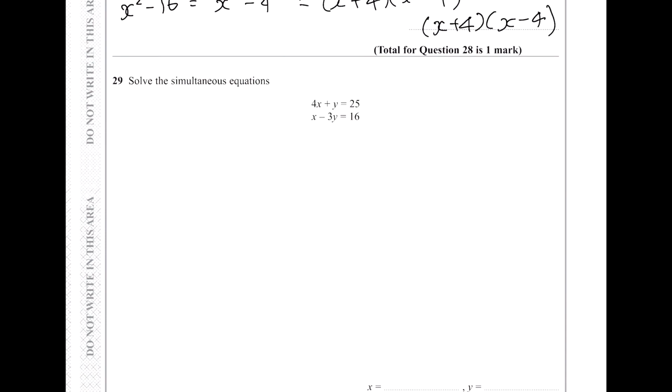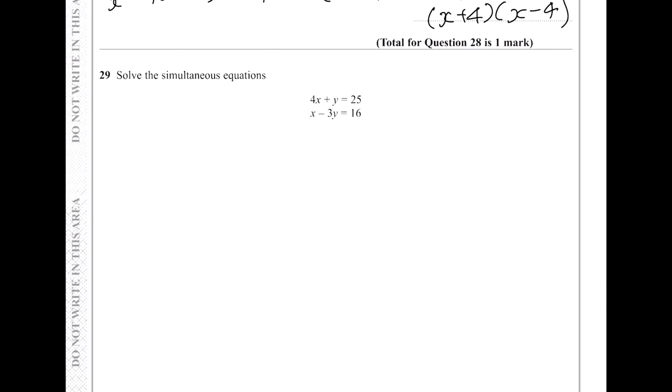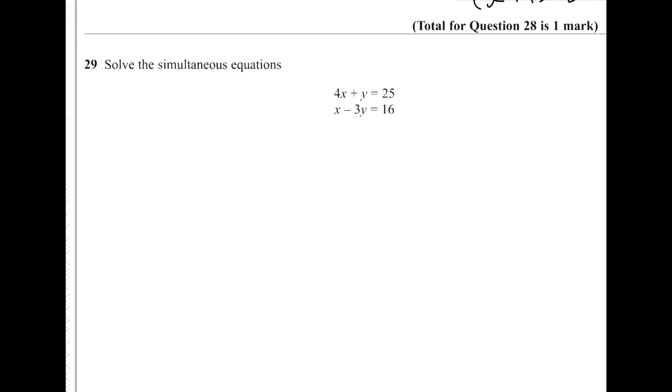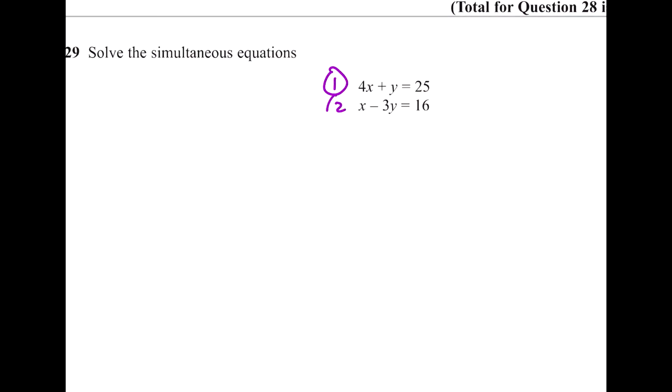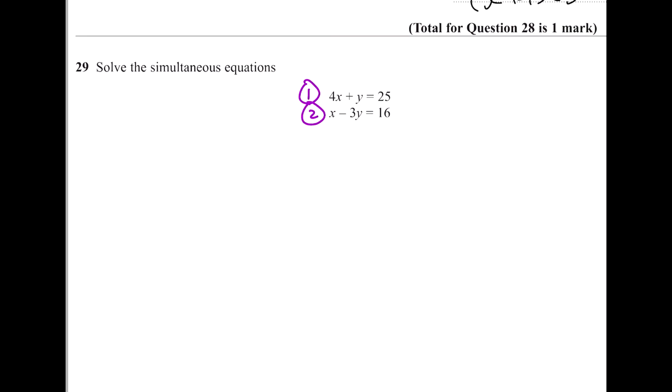And our final question says solve the simultaneous equations. So we can make either the x's or the y's the same. I'll call this one 1, and this one 2, and we'll write them out. So we'll use the same colors.